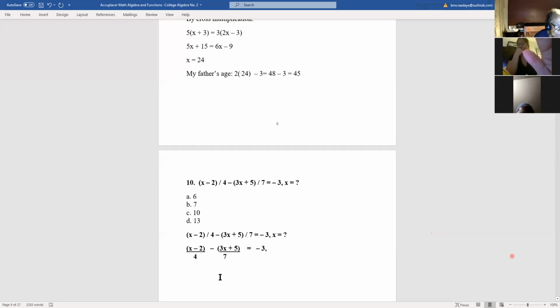It's going to be 7 times x minus 2, and minus 4 times 3x plus 5, equal to minus 3. Now multiply that out. Tell me what you get.